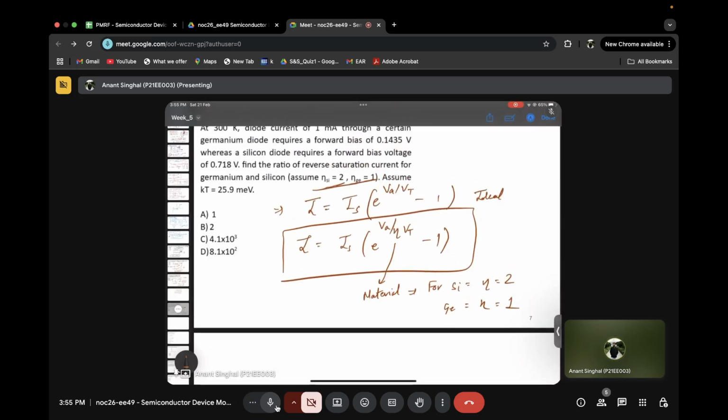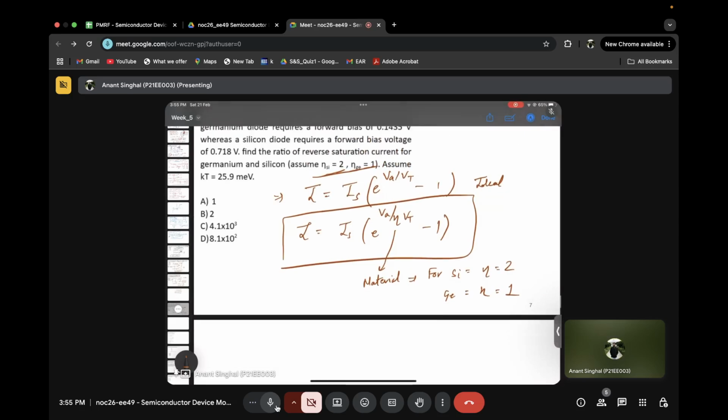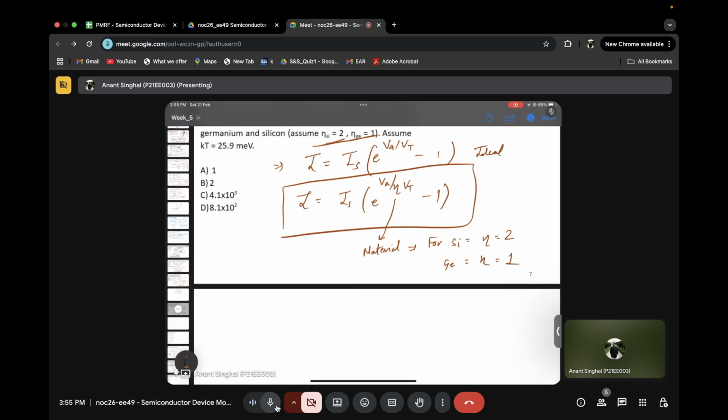Is there any doubt? Okay. Yes, no, eta is given. You have to calculate the ratio of IS. So let me try to explain. According to the question, the current is equal to the reverse saturation current times the exponential term. Let's say I'm talking about silicon.